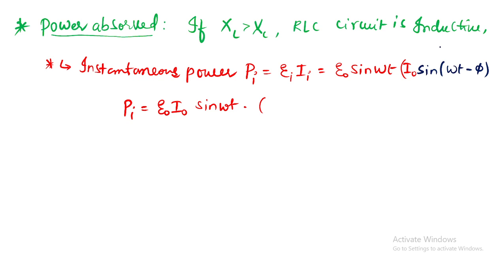It's not pure inductive, right? It's not exactly pi by 2, but some phi angle I am taking, right? So what happens now in this situation? Here a few things we'll try to write.